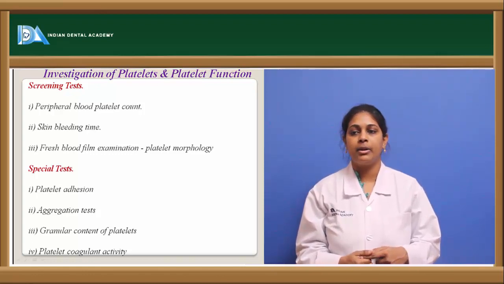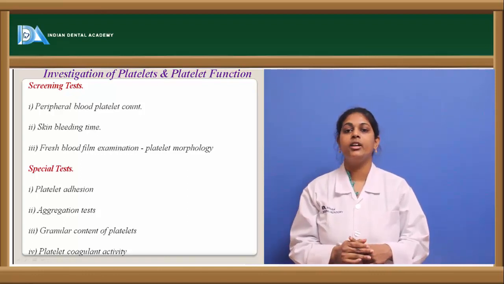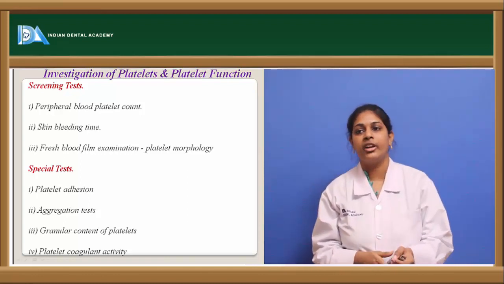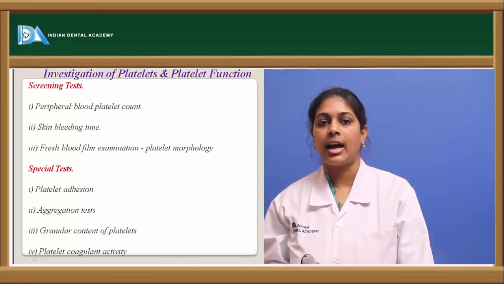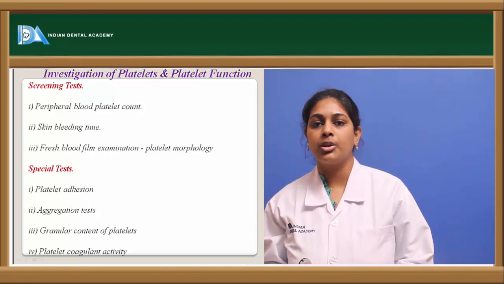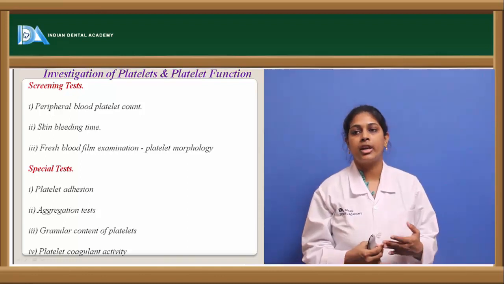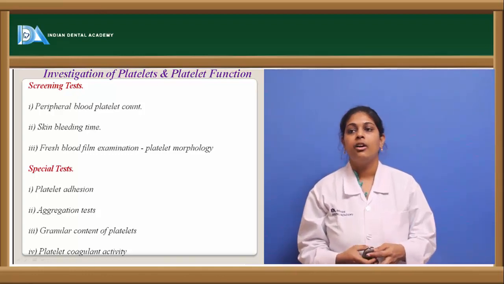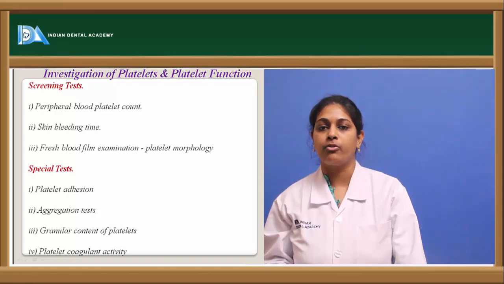Next is bleeding time, where the patient is pricked and checked for the time lag between the time of incision and the time of bleeding ceasing, and normally it is 3 to 8 minutes. Next is a fresh blood film examination to observe the platelet morphology.